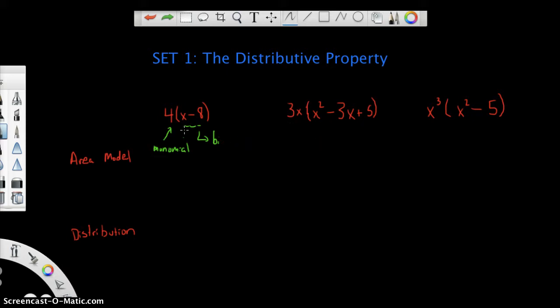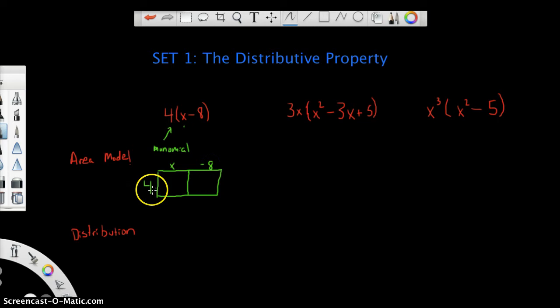Okay, so I'm going to introduce a new way of doing the distribution. It's going to be something called an area model. So for the area model, we're going to make a rectangle. And here, on the left side, we're going to put our monomial, so that's going to be a 4 here. And then on the right side, we want to split for each term, so we want an x here and a -8 here.